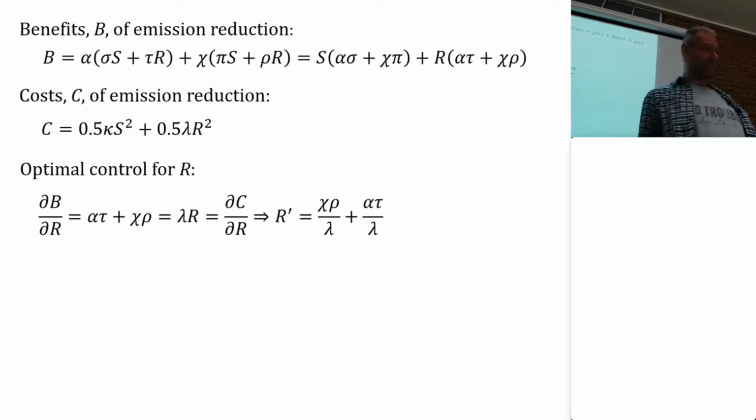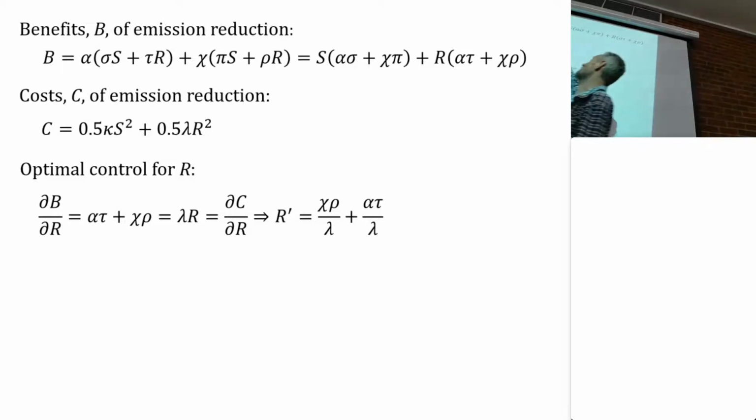So copy this equation to the next slide. It's the same thing there. This equation you looked at before as well, the cost of emission reduction. So the optimal emission control for greenhouse gases R is cost-benefit analysis, marginal benefit should equal marginal costs. Marginal cost, that's why the half is there, is lambda R. Marginal benefits, very simple.